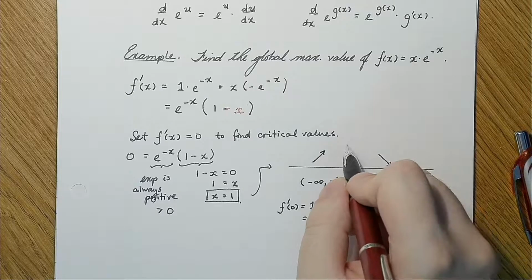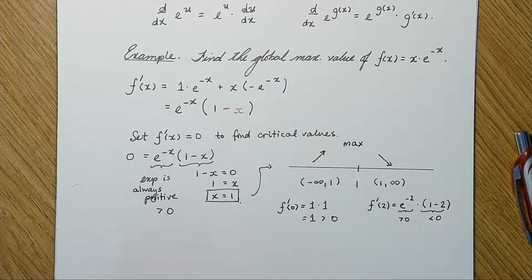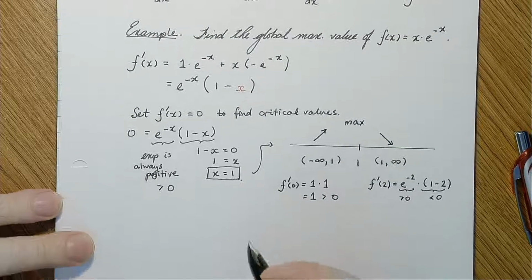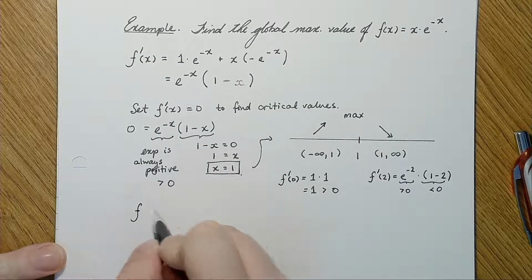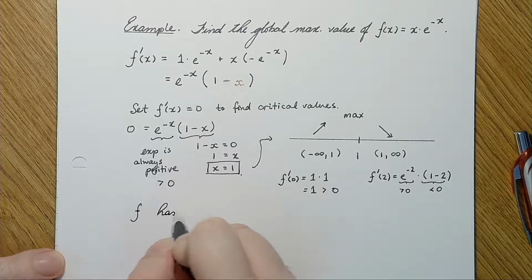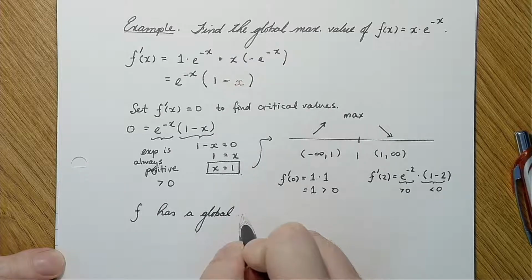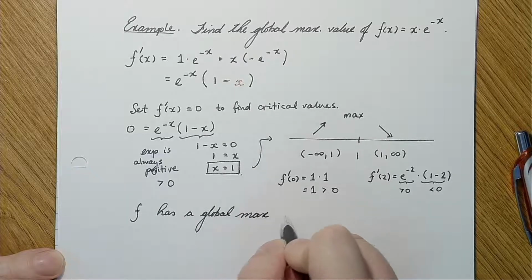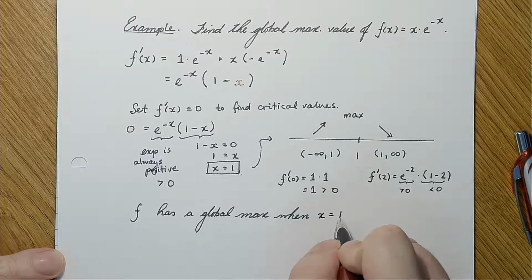So when we have that, that means that we have a max. And not only that, because we've looked at the entire global behavior of the function, I can say that f has a global maximum when x equals 1.